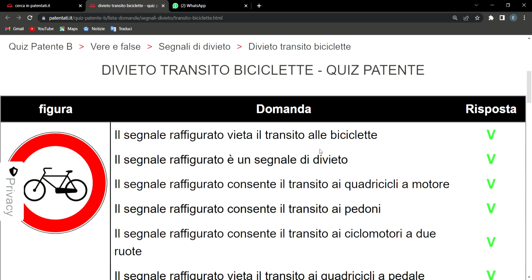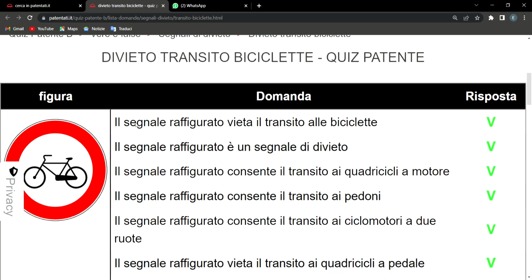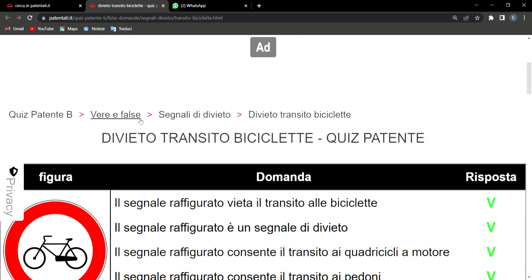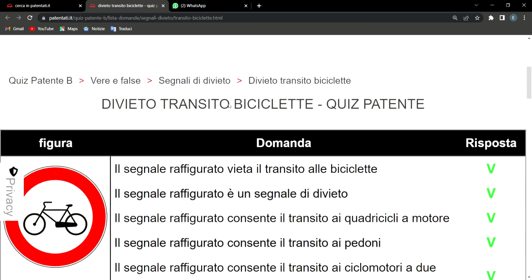We started by saying that Divieto Transito, in English, simply means a prohibition sign that does not permit the transit of any vehicles. That is indicated in the symbol, in the sign.